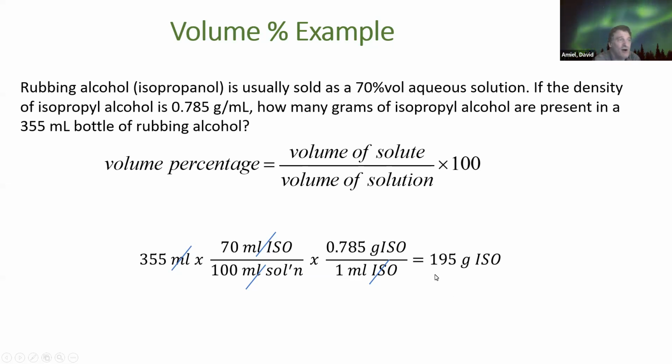And I come up with 195 grams of isopropanol contained in this 355 milliliter bottle. So notice in both these problems, the first one we're given 7.4% by mass, this one is by volume, but in both cases, we had the density. So you need to have that because that is what allows you to convert from mass to volume.